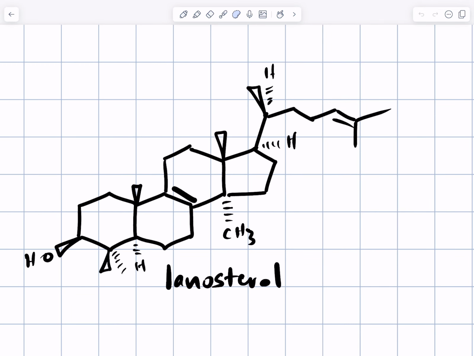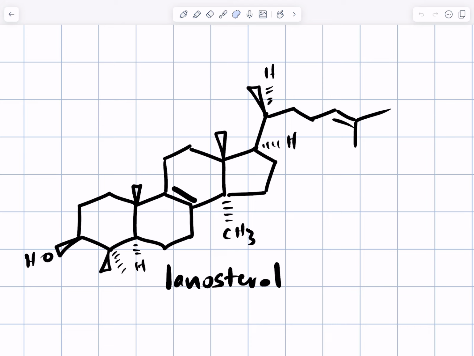So this molecule, are you scared yet, is a precursor to cholesterol. This is called lanosterol. It's actually 19 more steps before you get to cholesterol. But this is a precursor to many hormones and vitamins. Vitamin D is made through the same pathway.